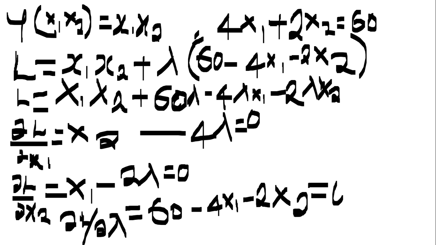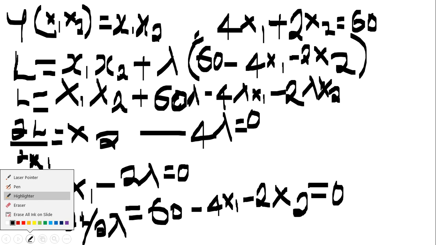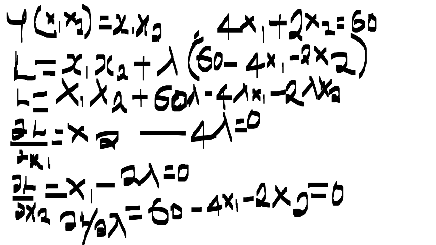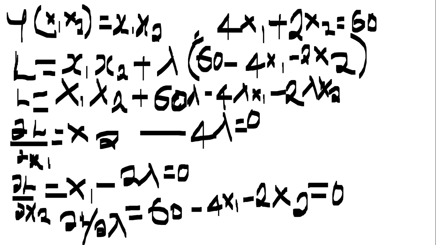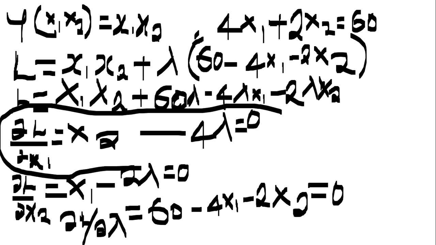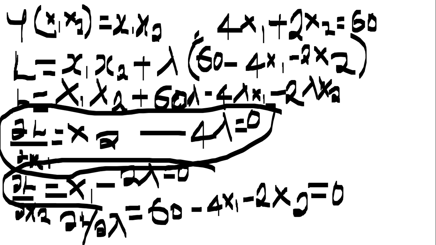We equate this to 0 as well. The next step is to make lambda the subject from this equation, do the same in this other equation, and then equate the two.